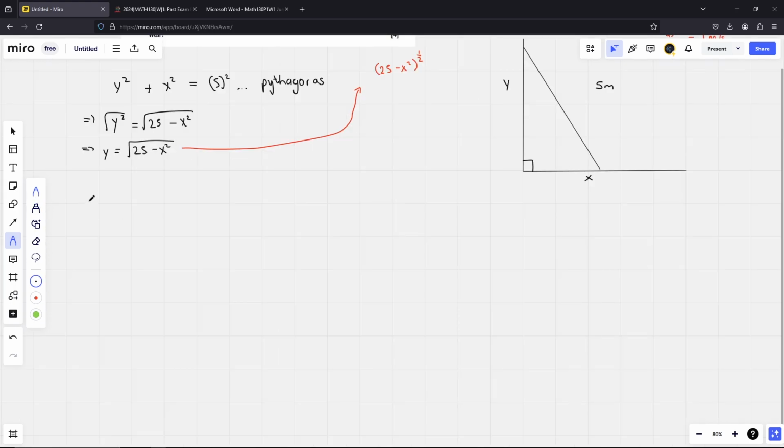So let's take the derivative of both sides. So we're going to say d over dt of y, and that's going to be equal to d over dt of 25 minus x squared, raised to the half power.